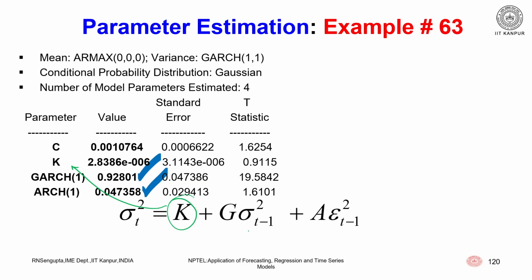That depends on the concept of the dependent error. Dependent error means basically the actual value minus the predicted value for the past, squared up, and this sigma square t minus 1 is the past data.